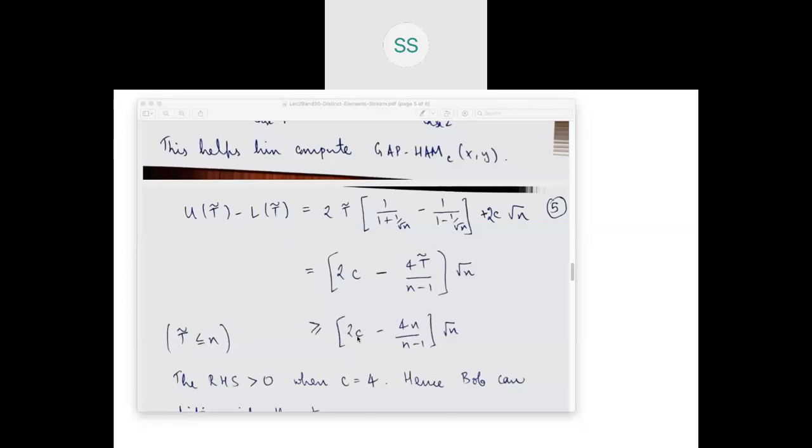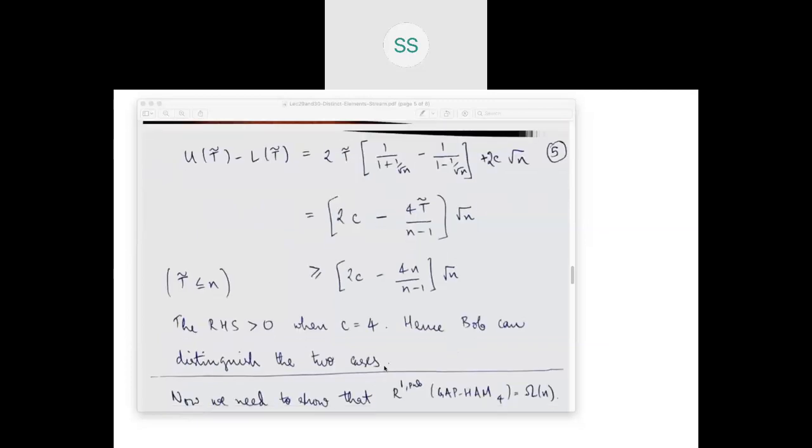So this is at least 2c minus 4n divided by n minus 1 times square root n. Now we want this quantity to be positive, and we see that when c is equal to 4, we have 8 minus this quantity here, and when n is at least 3, we have 4 times 3 by 2, which is 6. So this quantity is positive when c equals 4 and n is at least 3, right?